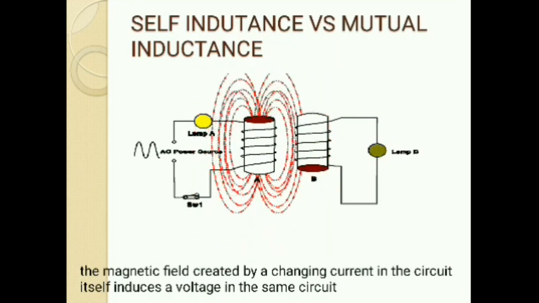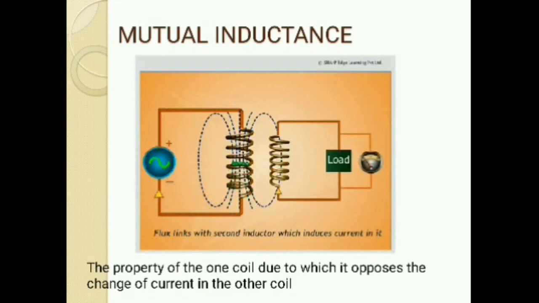Whereas in mutual inductance, out of two coils, one coil opposes the change in the strength of current flowing in the other coil. In this case, let us assume two coils are placed near each other. The voltage induced in coil 1, VL1, is given by L1 into di1 by dt plus or minus M into di2 by dt.